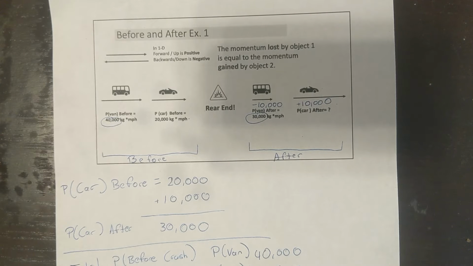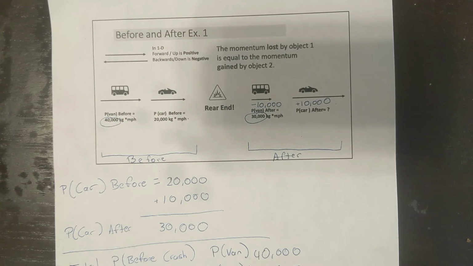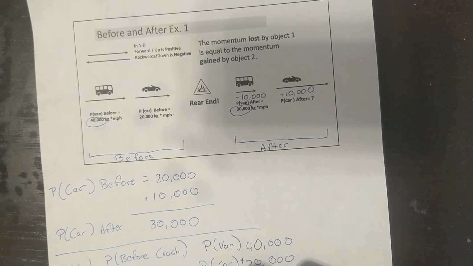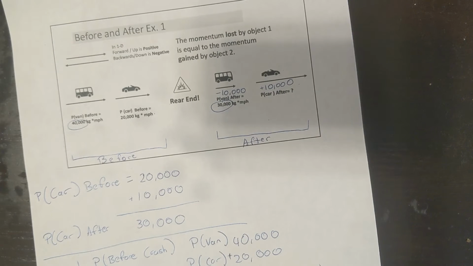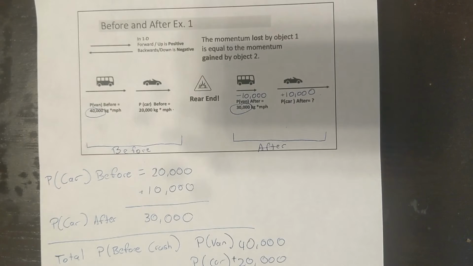So if before was 60,000, that means P total after is 60,000. Good. And that's it. So that's problem 1.